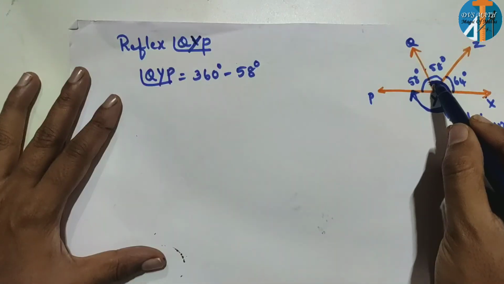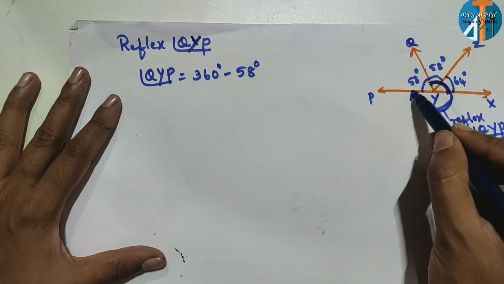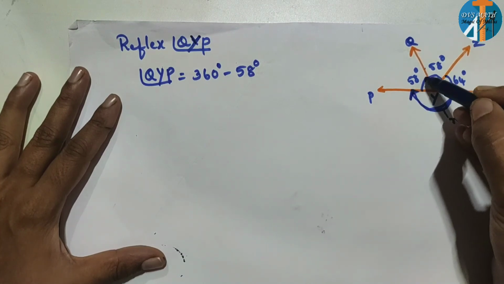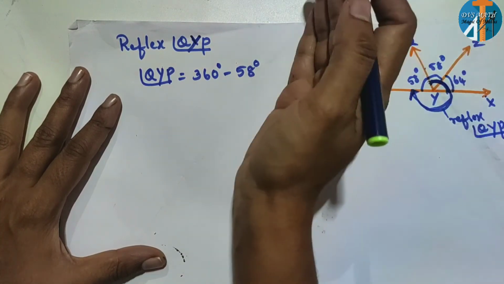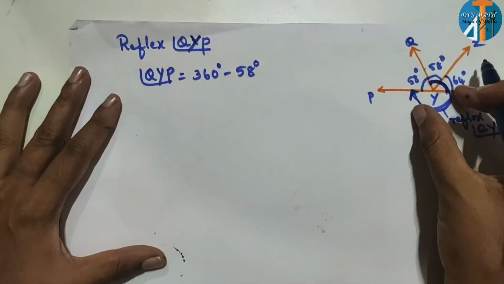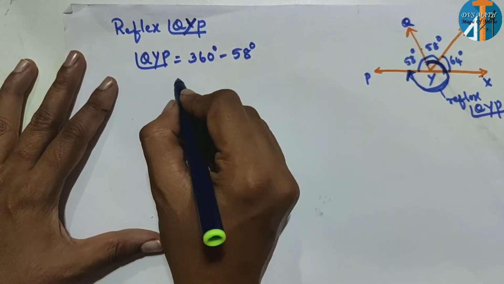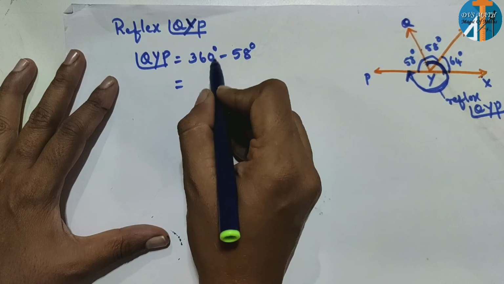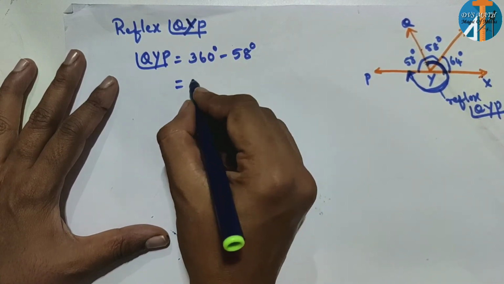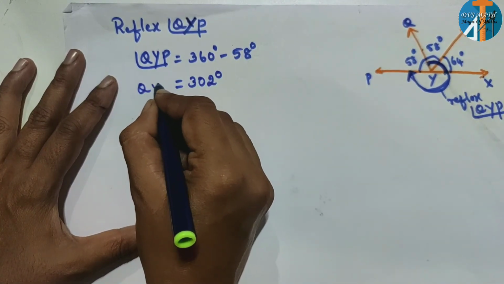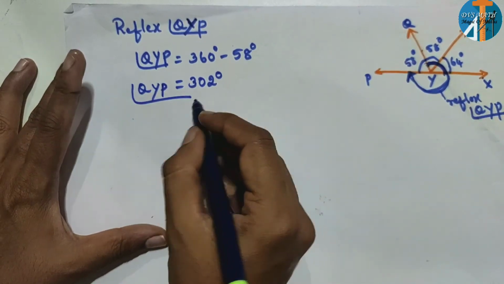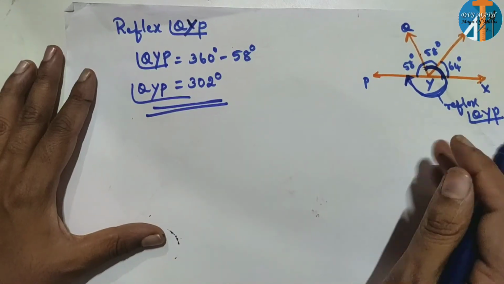You can observe QYP reflex angle will come till here, and only the remaining is this much. So if you remove this from the complete angle, you will get the reflex angle. So 360 minus 58 is 302 degree. So reflex angle QYP is equal to 302 degree.